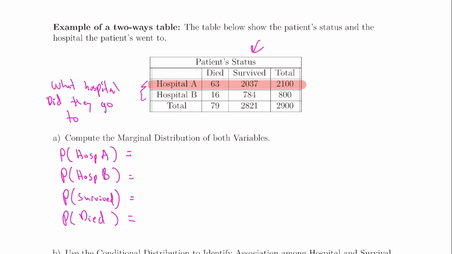So how many total people went to hospital A? 2,100. How many total people went to the hospital? Cool. 2,900. So let's do 2,100 divided by 2,900.